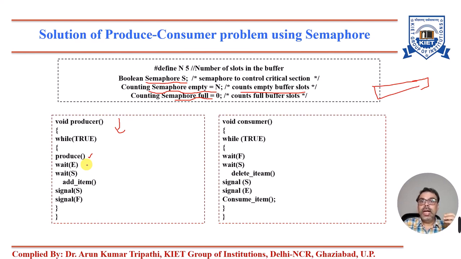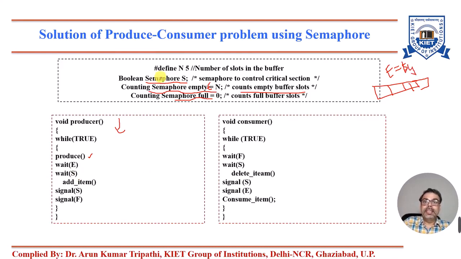Here the empty slots are defined by capital E, so E is equal to N. The empty slot count will be reduced by 1. E should have the initial value 5, and now it will become 4.